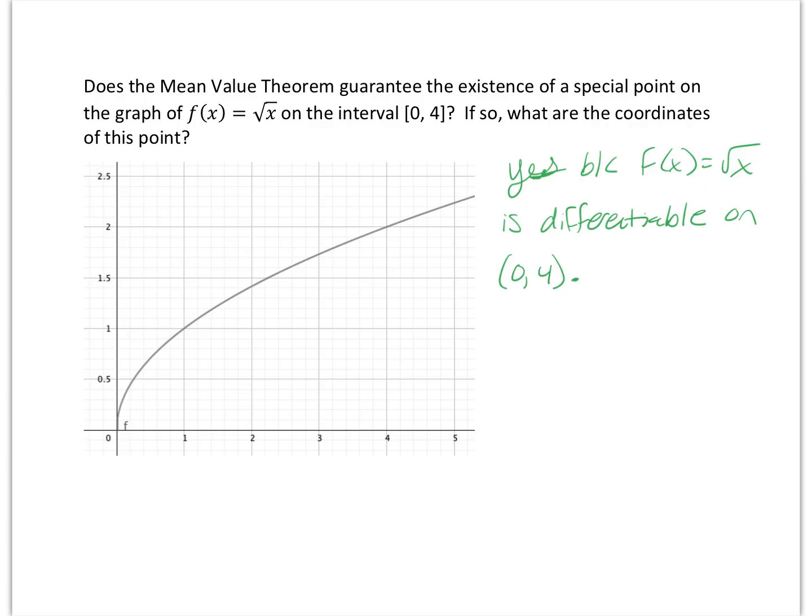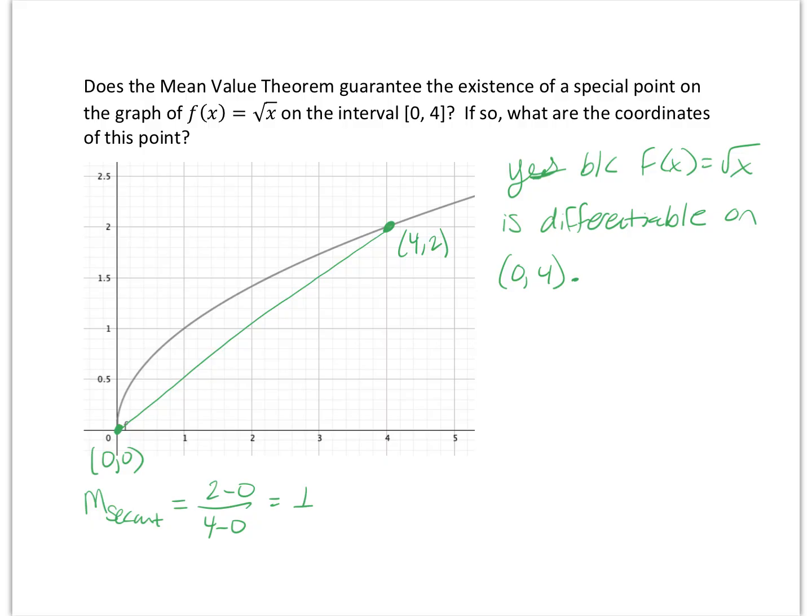Okay. So if so, what are the special coordinates? Okay, so from 0 to 4, if I put points there and connect them with the secant line, what's the slope of that line? Okay, so this is 4 comma 2, and this is 0 comma 0. So it's going to be 2 minus 0 over 4 minus 0, which is a half.